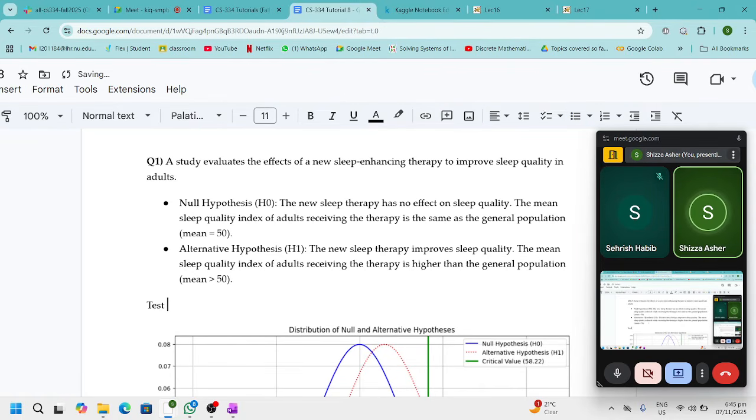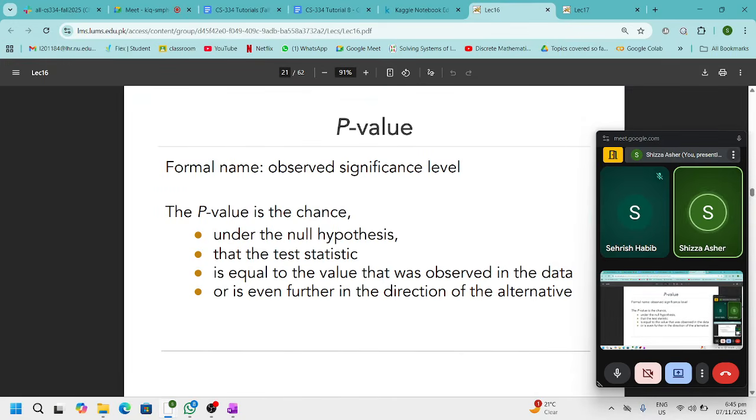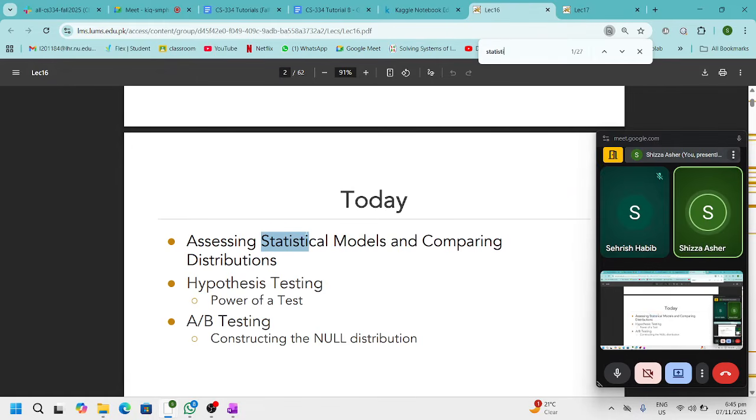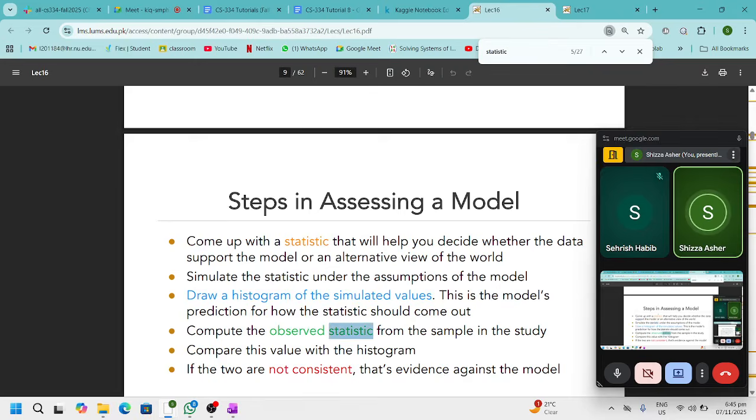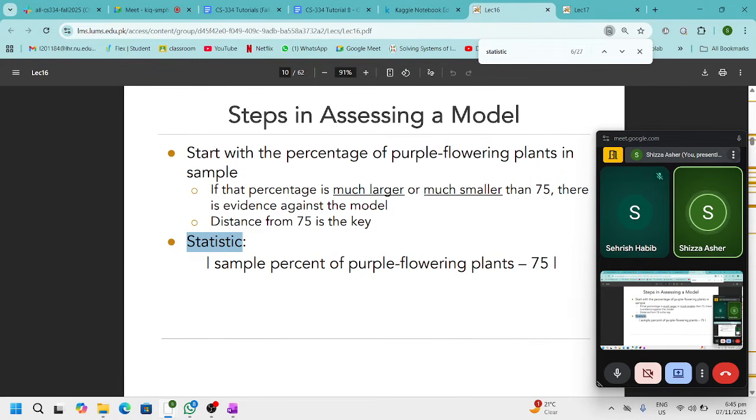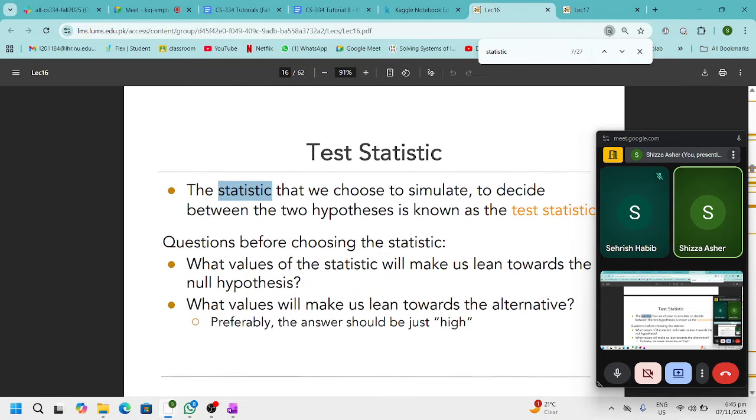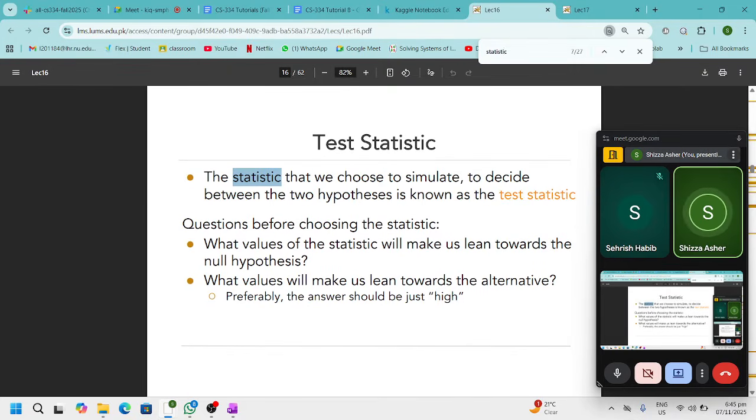Let's recall that when you define a test statistic, I will go over it once more because this is important. The test statistic that you choose to simulate to decide between the two hypotheses must be chosen in such a way that preferably high values of the statistic will make you lean towards the alternative.